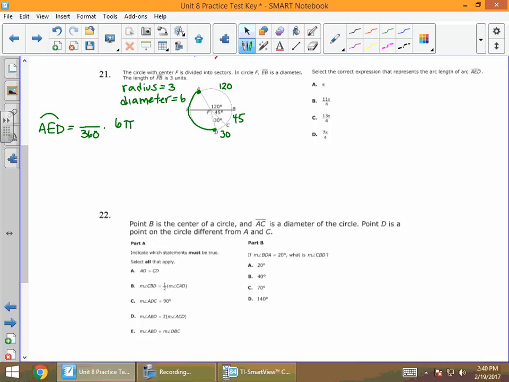So my green arc plus 120 plus 45 plus 30 has to equal 360. So that makes this arc 165. I get that by doing 360 minus 120 minus 45 and minus 30. So that means the central angle also has to be 165. So 165 out of 360 times 6 pi.